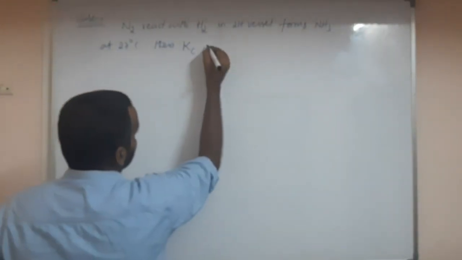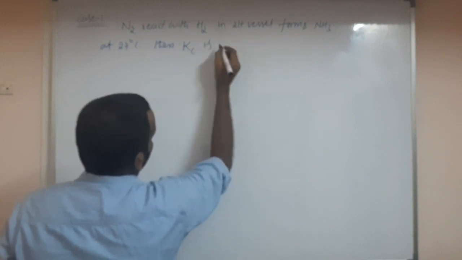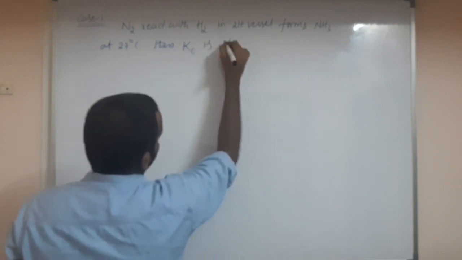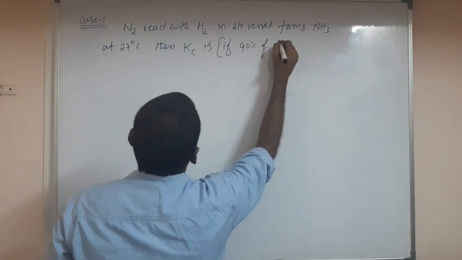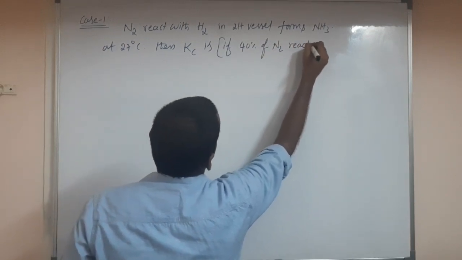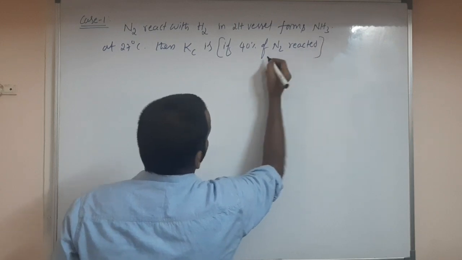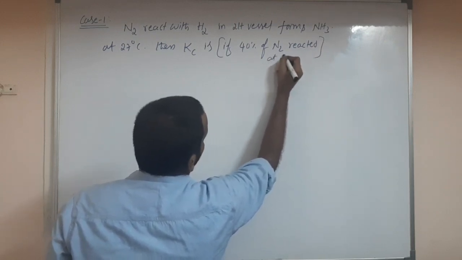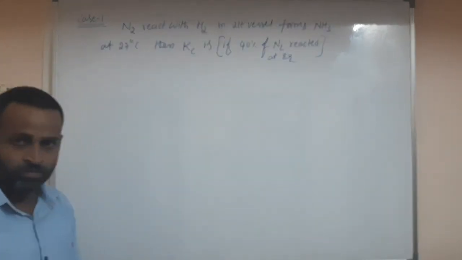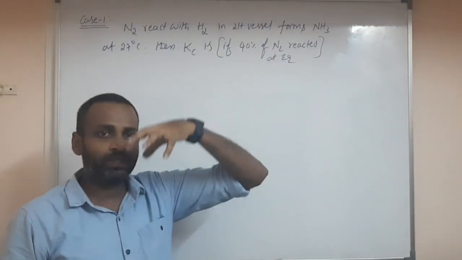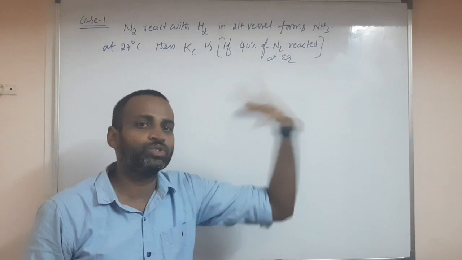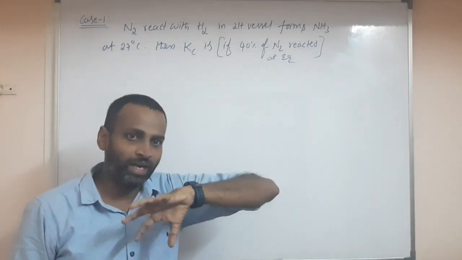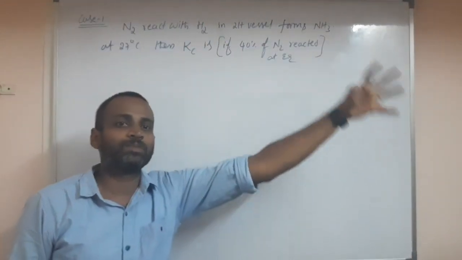The question: if 40% of N2 reacted at equilibrium, when the reaction reached equilibrium, 40% of N2 was consumed and converted to product.